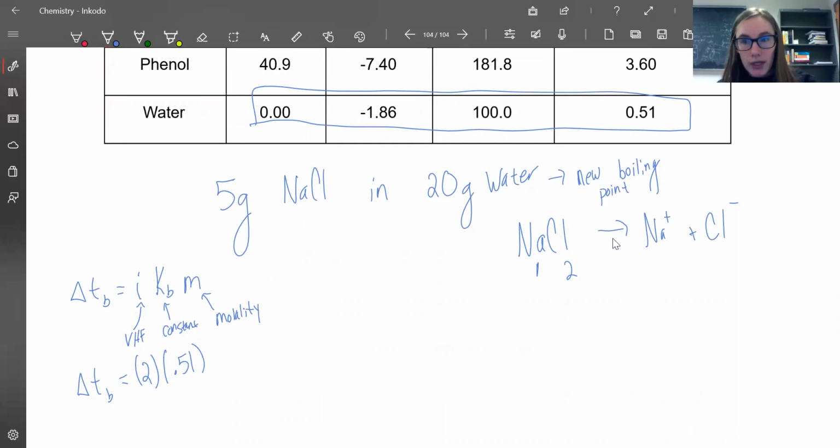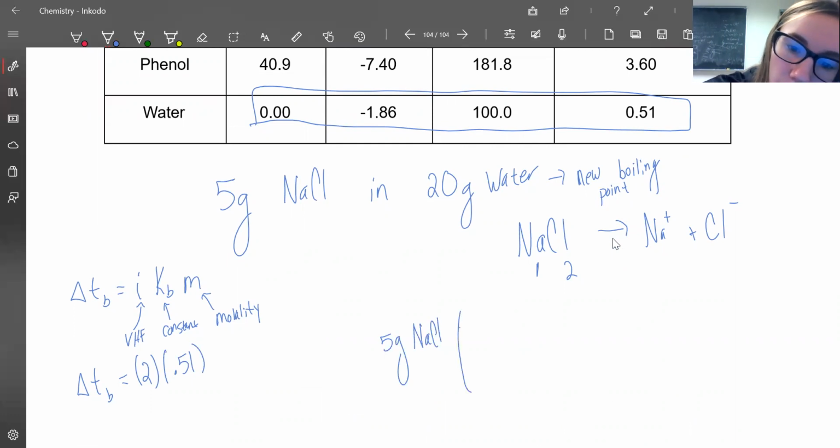Fortunately, we can do that one pretty easily. We've got 5 grams of NaCl. We're going to look on our periodic table for that molar mass, which I think is 58.4 something. Yes, 58.44.